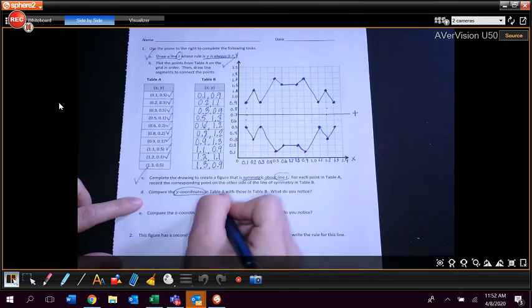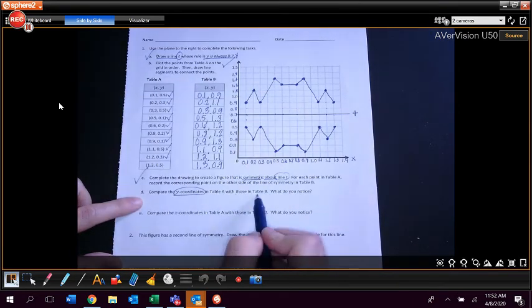So for example, D, it says compare the y coordinates. So all we're going to look at, guys, are the y coordinates in table A and in table B. So only look at your y's. What do you notice? So what are some of the things you guys noticed? For example, if you look at y in A, the first one says 0.5.